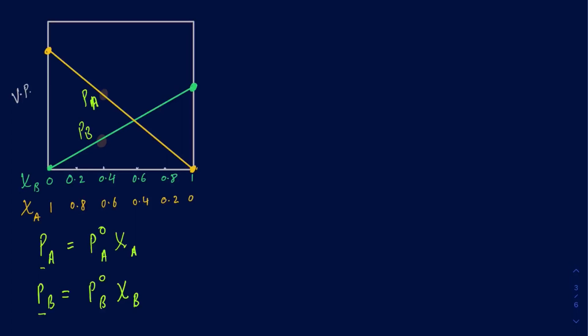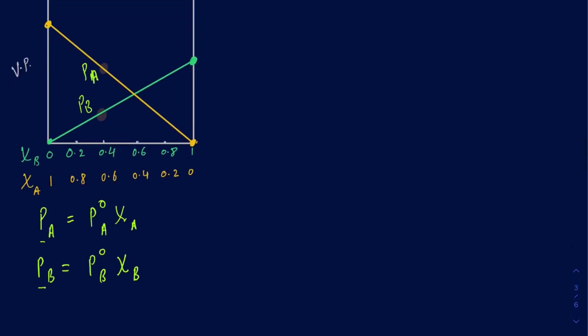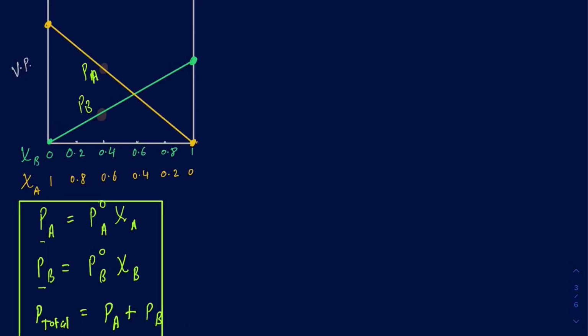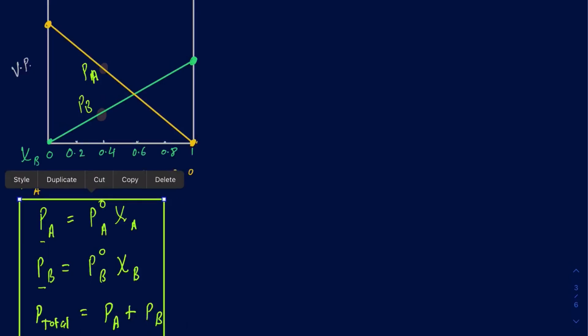So what would be the total vapor pressure at that particular time? Your P total is going to be equal to the vapor pressure coming from A plus the vapor pressure coming from B. All three of those formulas are going to be extremely important when you're looking at liquids being mixed together.